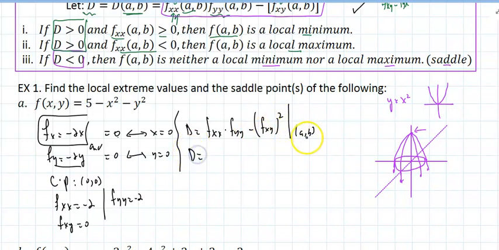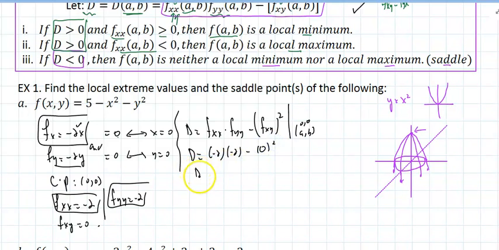D would be at the point (0, 0), right? This is a negative 2, that's fixed. This is a negative 2, that's fixed. This is a 0 squared. I'm getting d to be 4, which means I'm in luck. It's either a maximum or a minimum.